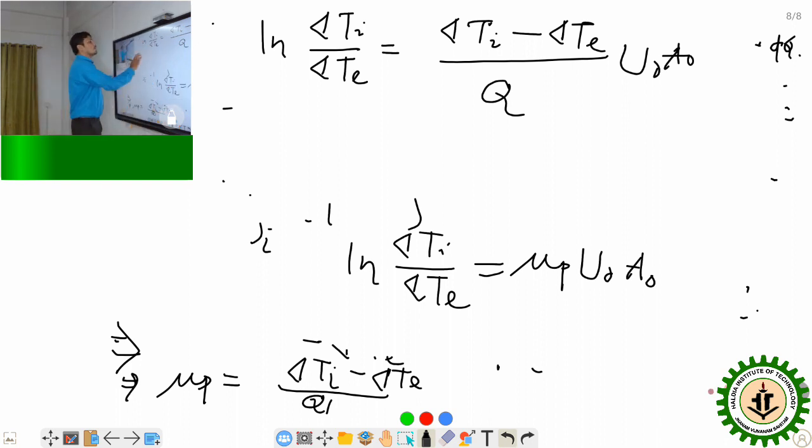So from here we will get q. That q is actually our targeting parameter. That is the rate of heat transfer between the two fluids, hot and cold. That q, the rate of heat transfer.